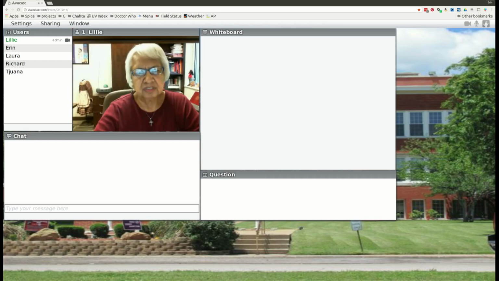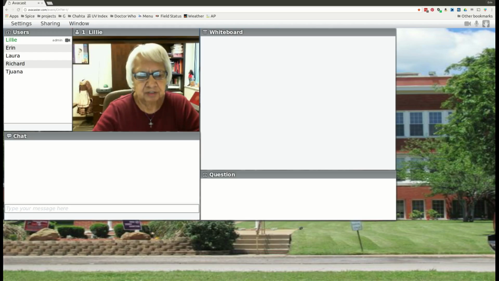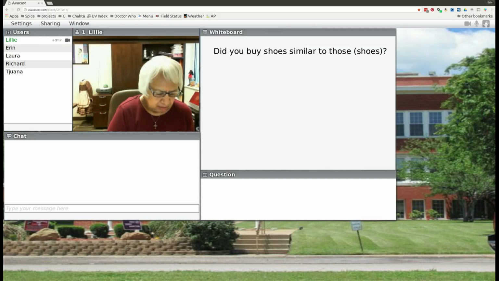But in Choctaw, when it's written, you want to understand there is a full form in English that could be understood. So this is how I would translate the sentence. Did you buy shoes similar to those? And it's understood that they were still talking about shoes.